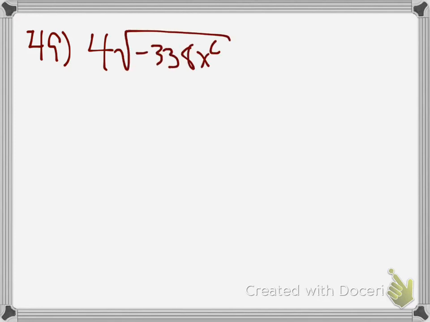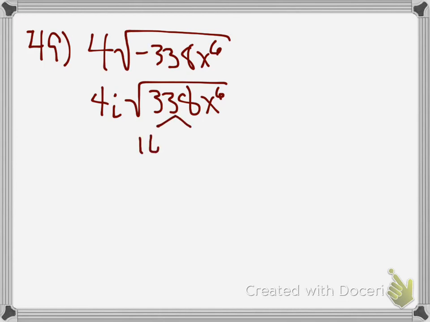Okay, and then 49 is 4 square root of negative 338 x to the 6. So again, I have 4i square root of 338 x to the 6. And 338 is 169 and 2.